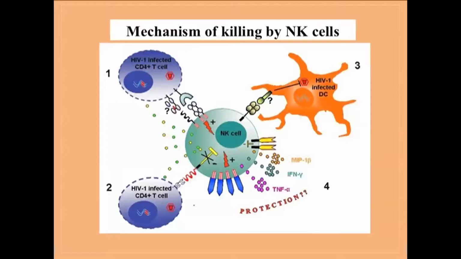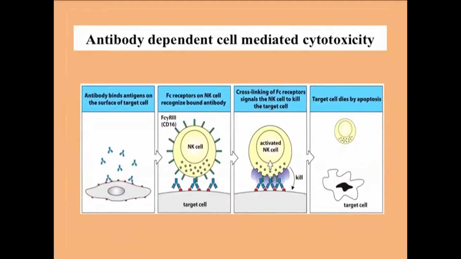Natural killer cells also secrete a number of very important cytokines, and these cytokines activate other cells of both the innate and adaptive immune response. Another way of killing by natural killer cells is mediated by antibody.